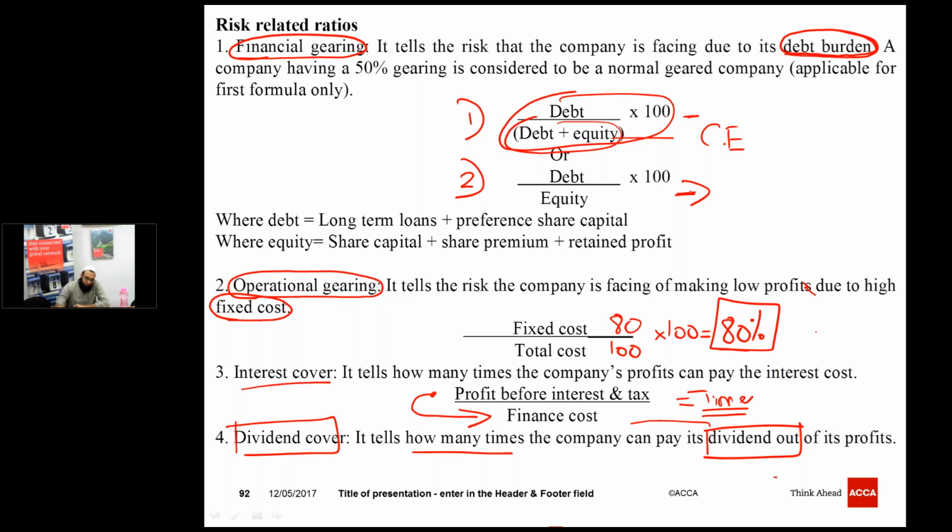So the difference is very simple. The first tells you in terms of total funds how much is debt, and the second tells you as a percentage of equity how much is debt. Okay.